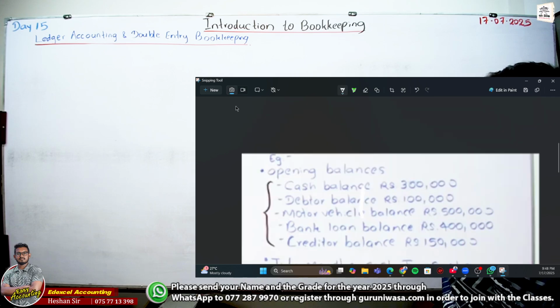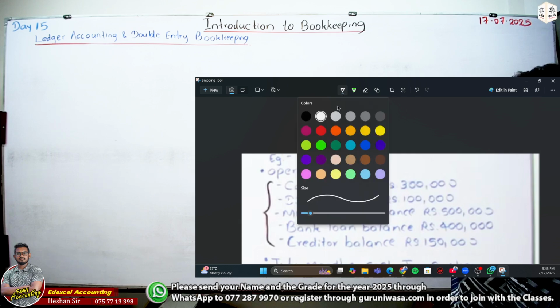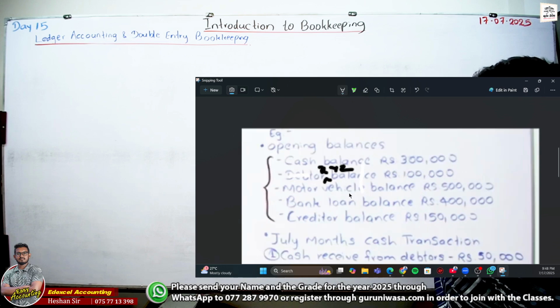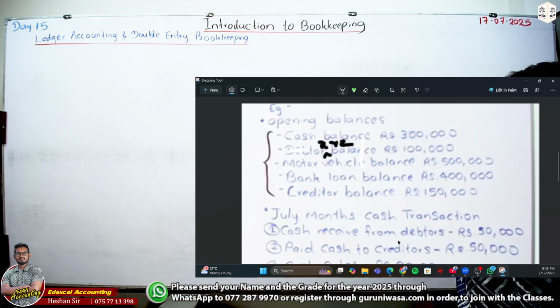Let's change this. Change it as debtor XYZ balance. Cash received from debtor XYZ. Cash paid, and the creditor balance, change it as creditor ABC balance.